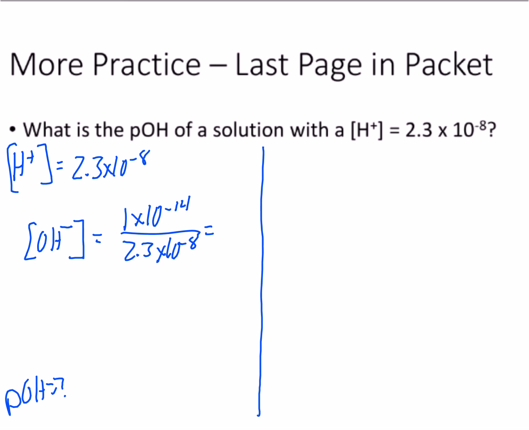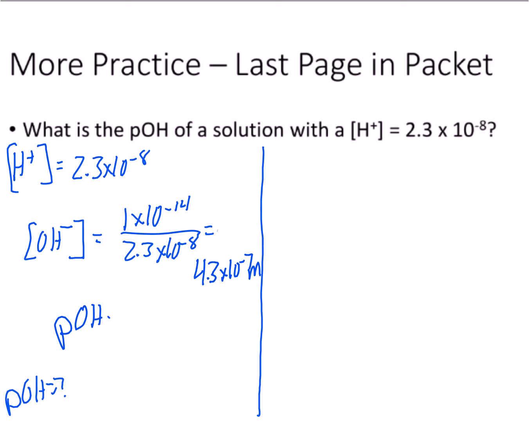Did anybody do it this way? What did you get for your answer here? For the hydroxide ion, I got 4.3 times 10 to the minus 7 molar. Do we agree with Ray? Anybody else do it this way? Did you get there for that step? Now the next step is you've got to plug it into your pOH.